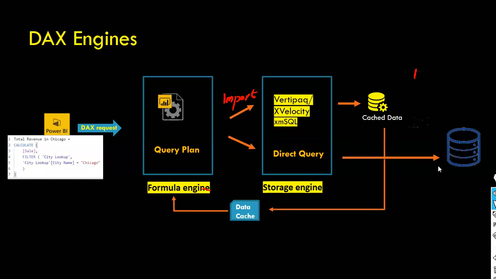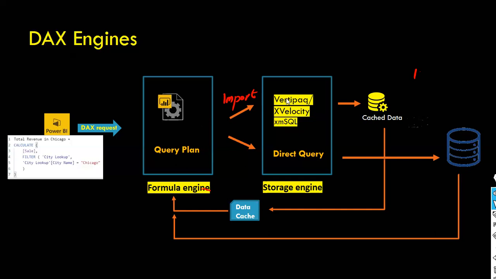Once the query gets executed, the output of the query will be sent back to your formula engine. So this is the difference between the import and direct query mode when it comes to the internal mechanisms, or under the hood, this is what is happening.